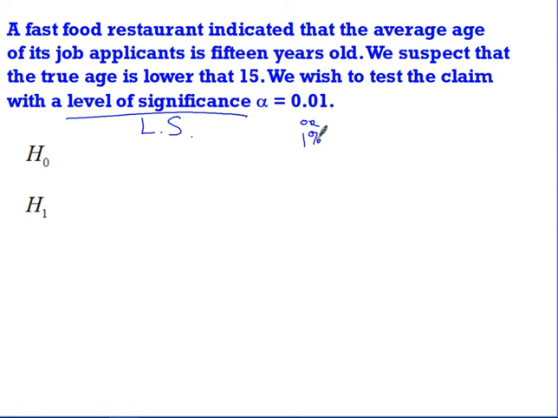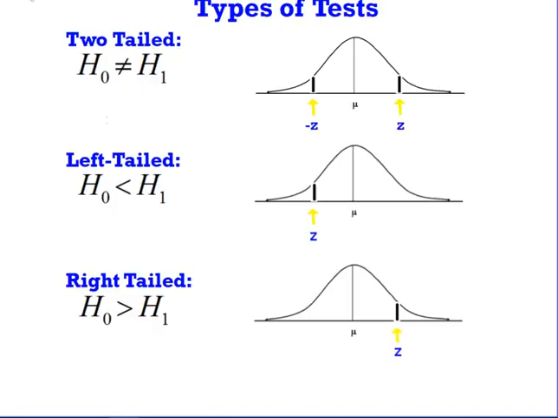A fast food restaurant indicates that the average age of its job applicants is 15 years old. So they believe that it's 15 years old. We suspect that the true age is lower than 15. So we're going to test the null hypothesis against less than 15. Now, to actually test that hypothesis, you need to get some data, and we'll talk about that data shortly.